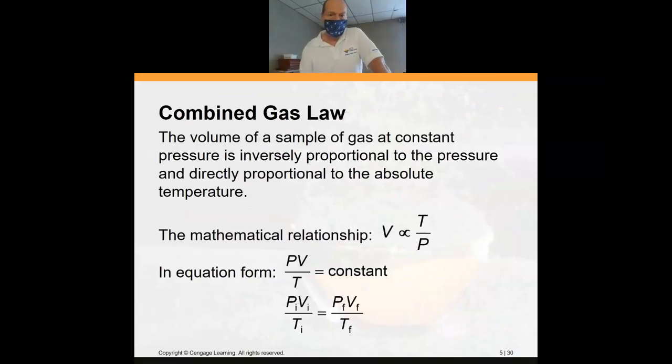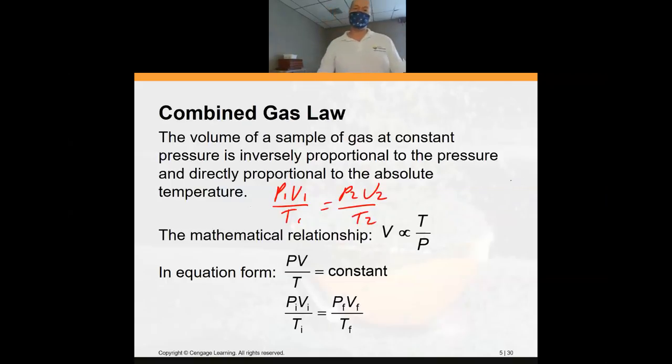Okay. All right, so now we can combine all 3 of our gas laws. And so we then have P1 V1 over T1 is equal to P2 V2 over T2. And what we have noticed for the first 3 gas laws is that we have a sample of gas that is constant.